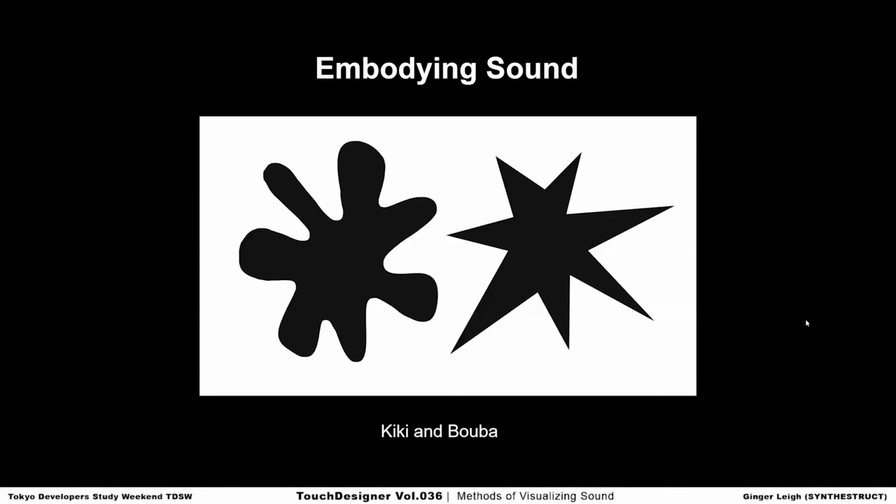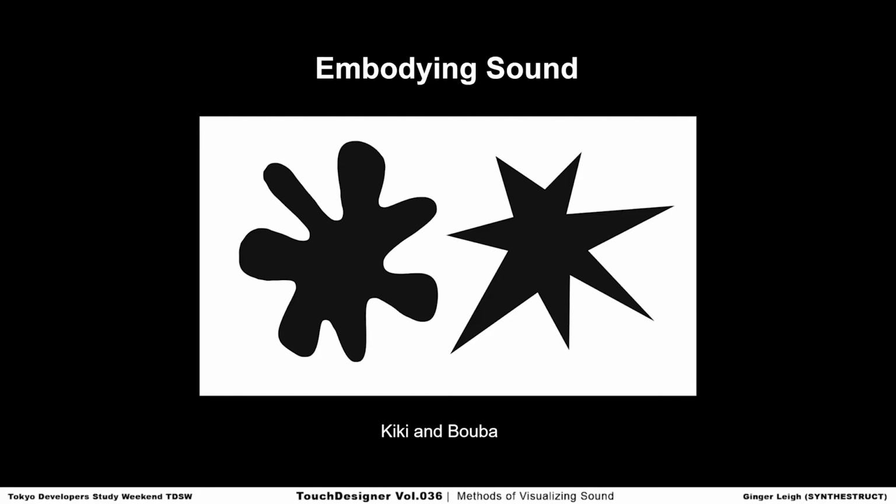So let's see, there we go. One of the examples I wanted to show you guys that was really interesting when I first found out about it. This is a study that they did with different shapes and how people perceive the connection between shapes and the sound that represents those shapes.